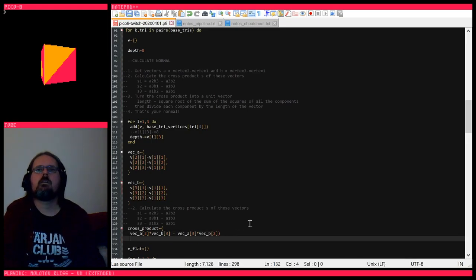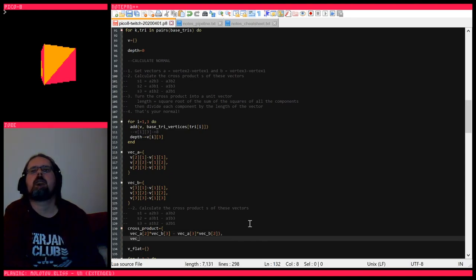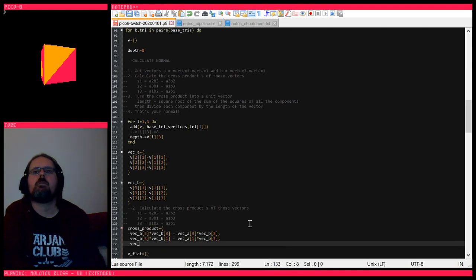Then the y of the cross product is going to be the z of vector A times the x of vector B, minus x of vector A times z of vector B, and then the z is going to be the x of vector A times y of vector B, minus y times x.